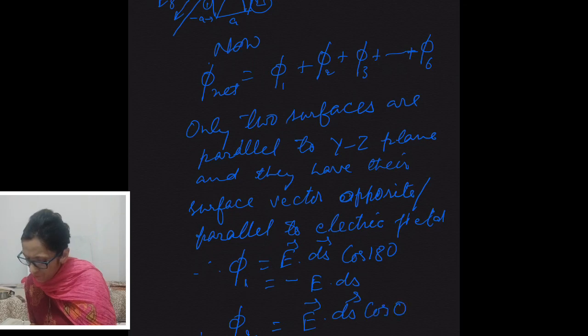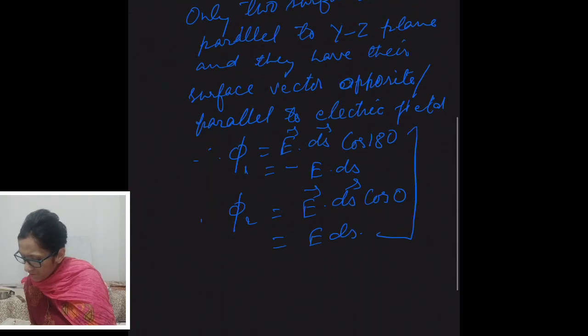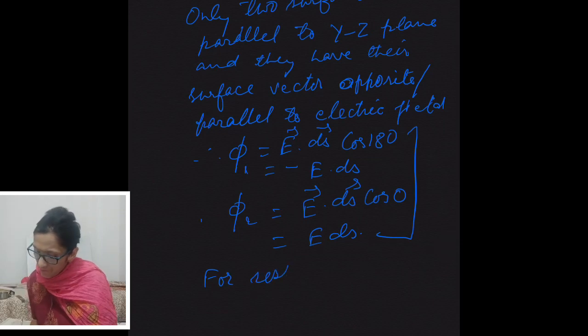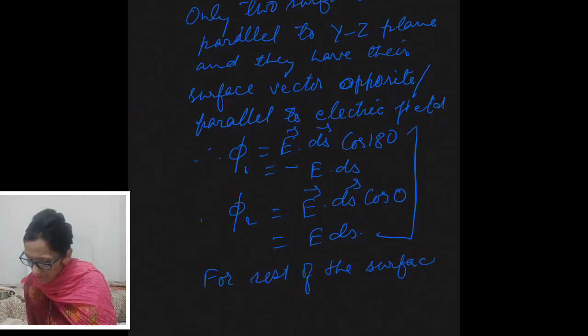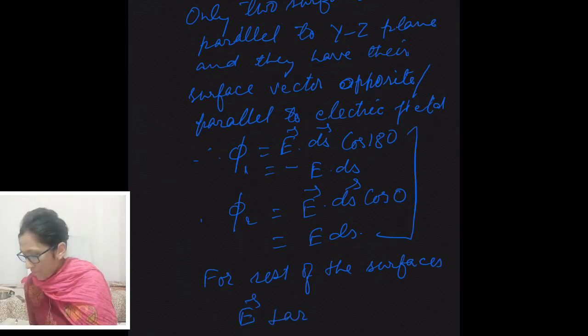And phi 2 is equal to E dot ds cos 0, and this is equal to E ds. And for the rest of the surfaces, E is perpendicular to ds.